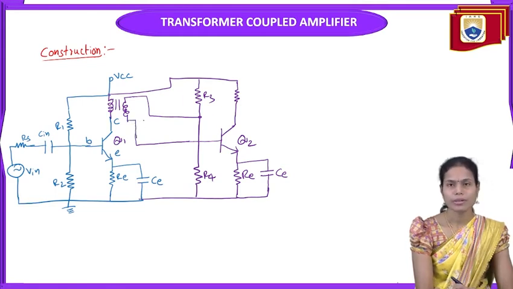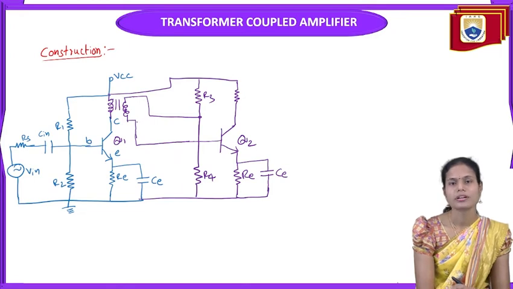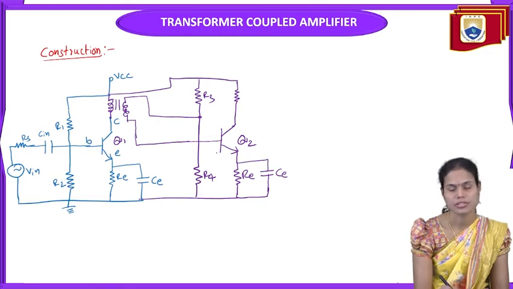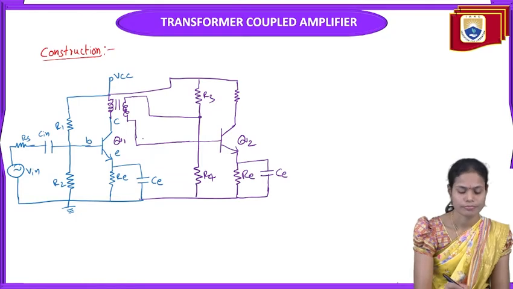So the transformer itself is coupling the output signal from the collector of the first stage to the base of the next stage. We are not including any capacitor in order to pass the output AC signal to the input of the next stage.